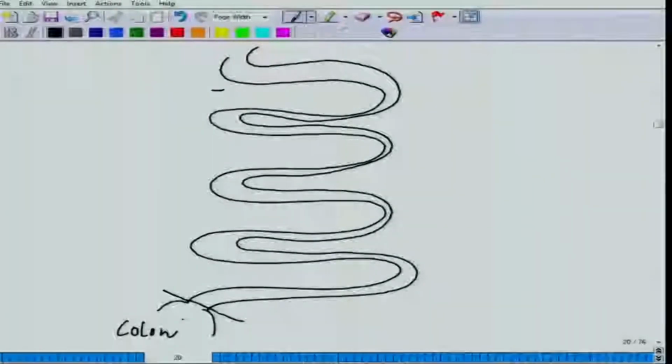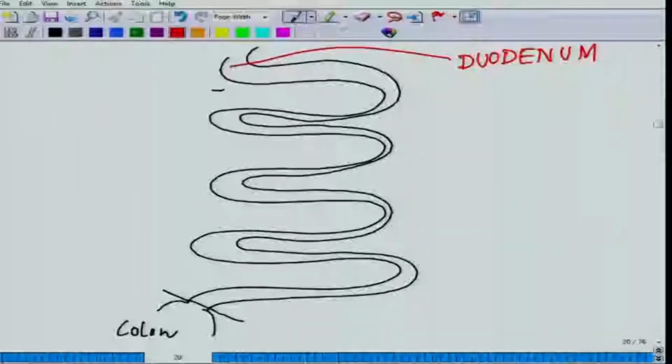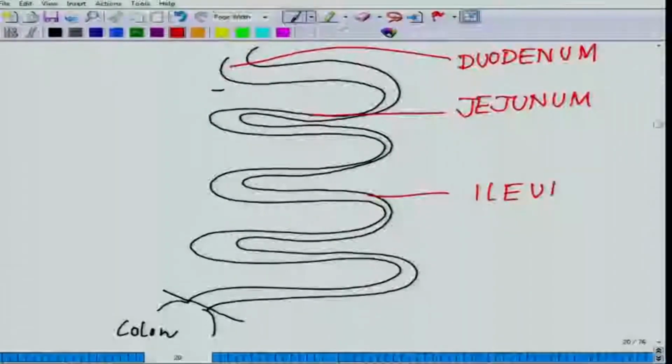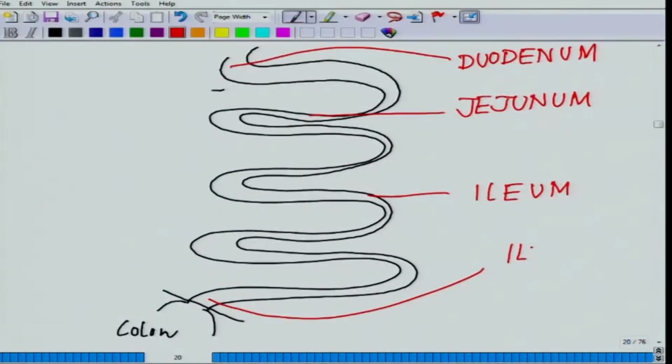The first part is called the duodenum, then you have the jejunum, then the ileum, and then you have the ileocecal valve. This is the overall anatomy.